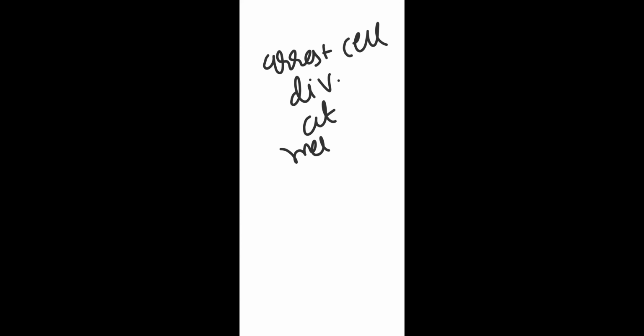Colchicine arrests the cell cycle or cell division at metaphase. How? It inhibits the spindle fiber formation, tubulin polymerization. So in this way, it arrests the cell at the metaphase.